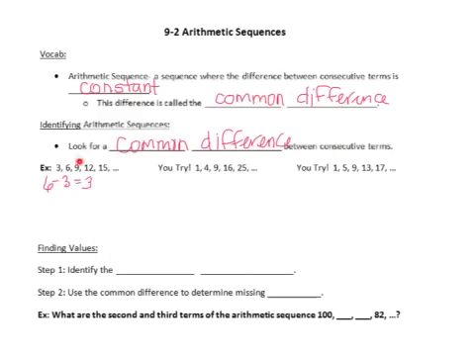Going from the third term to the second term, 9 minus 6, the difference here is 3. And then the difference between the fourth and the third term, 12 minus 9, is 3.